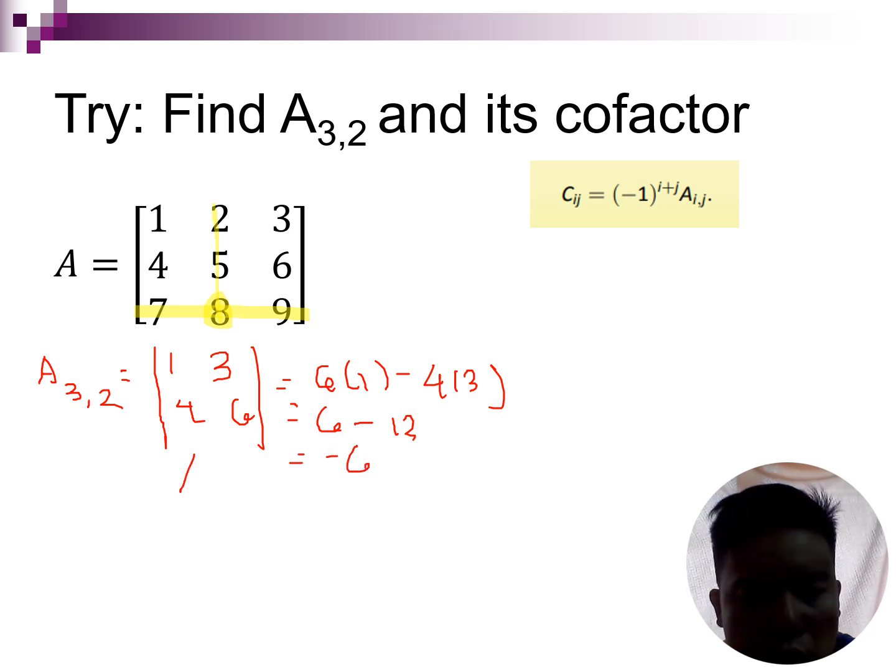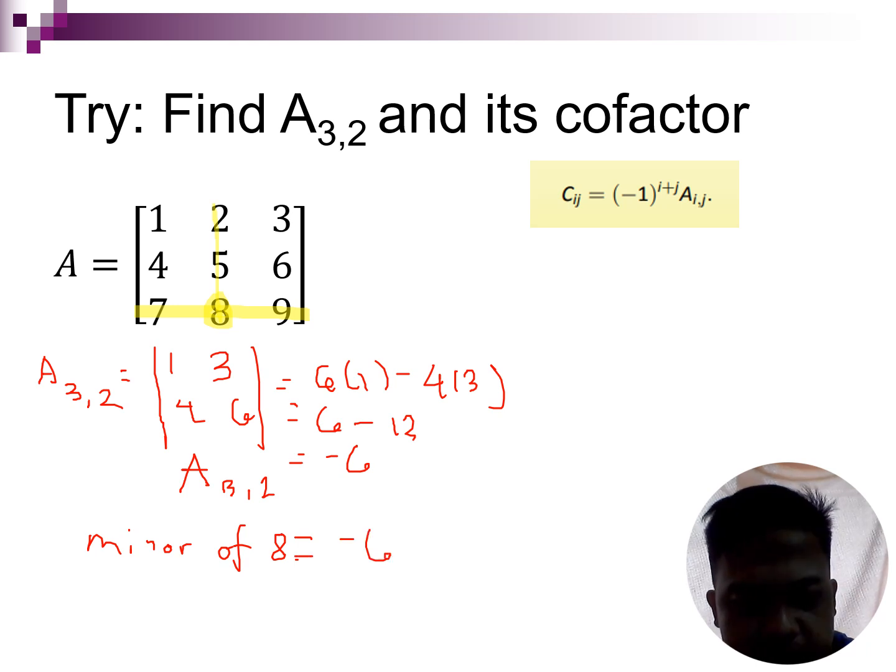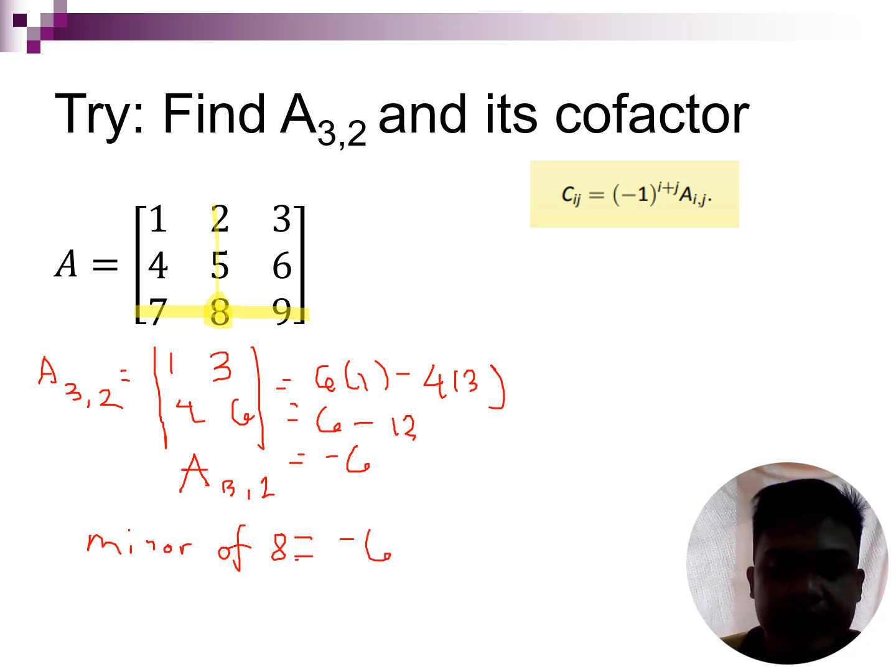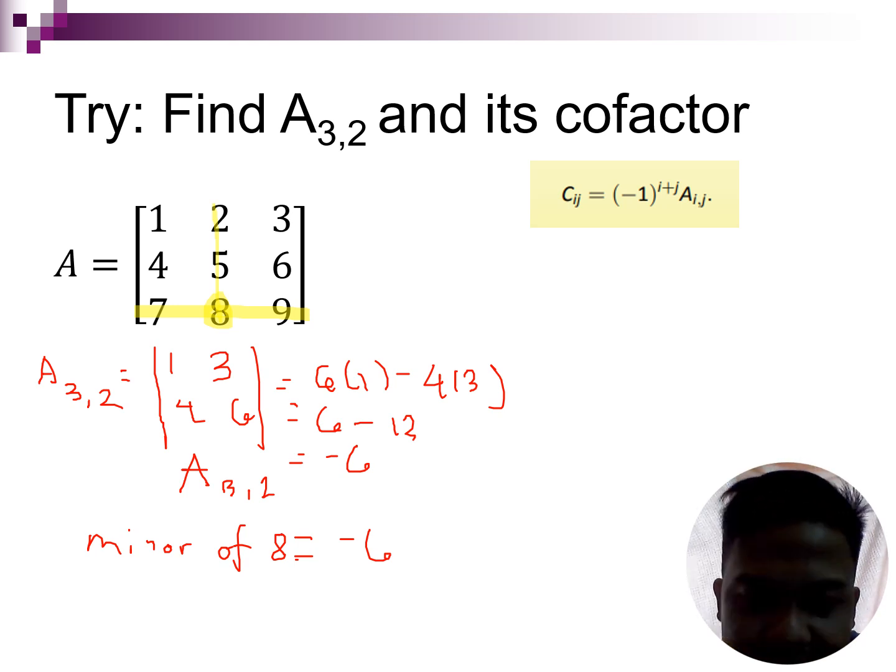So we have our minor for A32, or if it is not named, you can just say minor of 8. So minor of 8 is equal to negative 6. Since it is named as matrix A, then we will have A32.